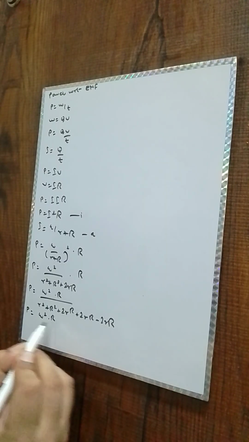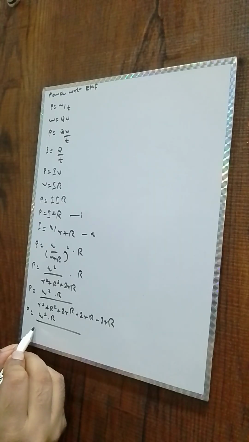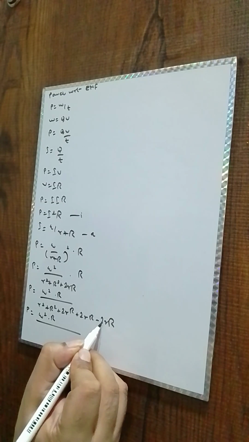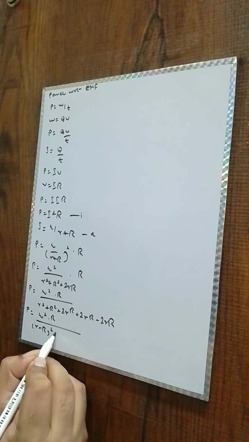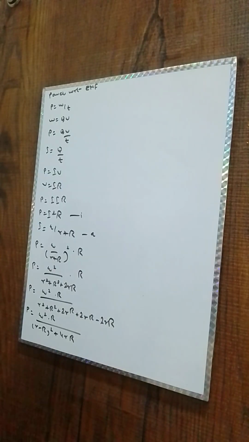So what happens is we get epsilon square dot R by R minus r whole square plus 4Rr. So this is the form we get.